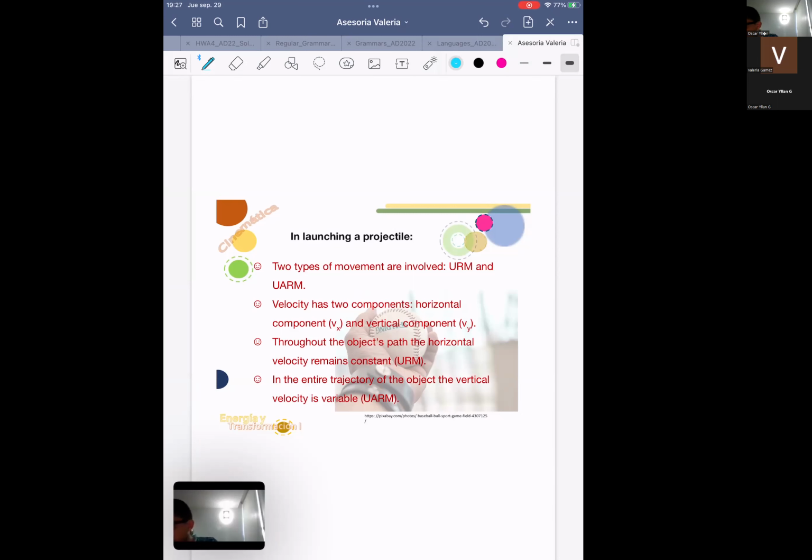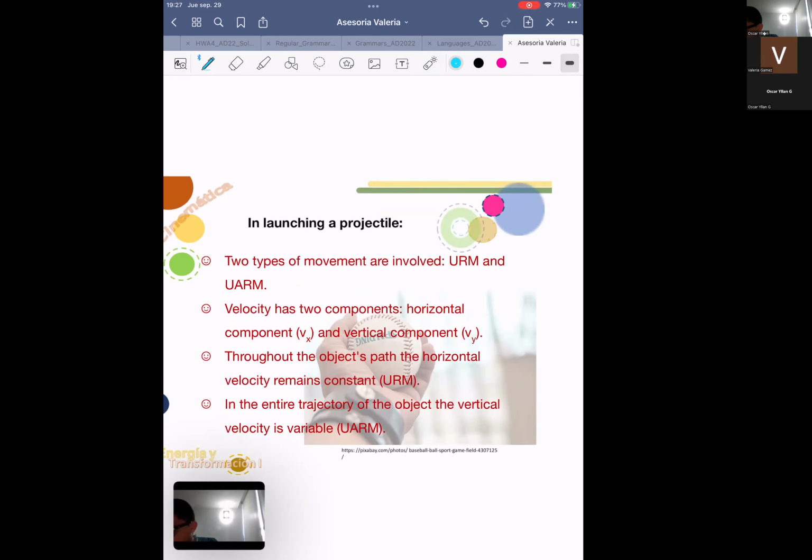This says two types of movements are involved. URM, uniform rectilinear movement, which basically means that the velocity is constant, Vx is constant.